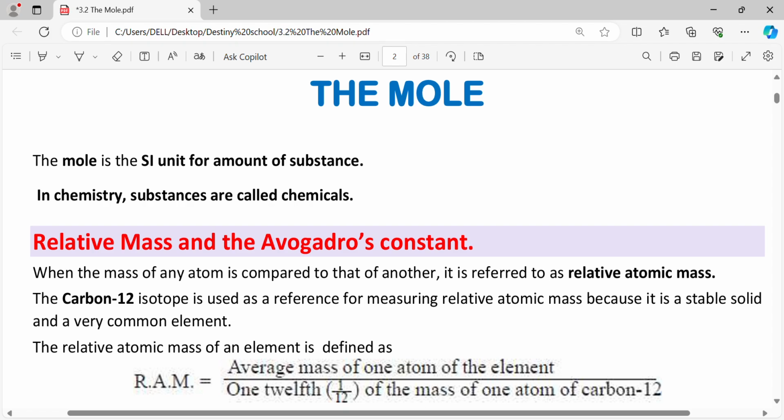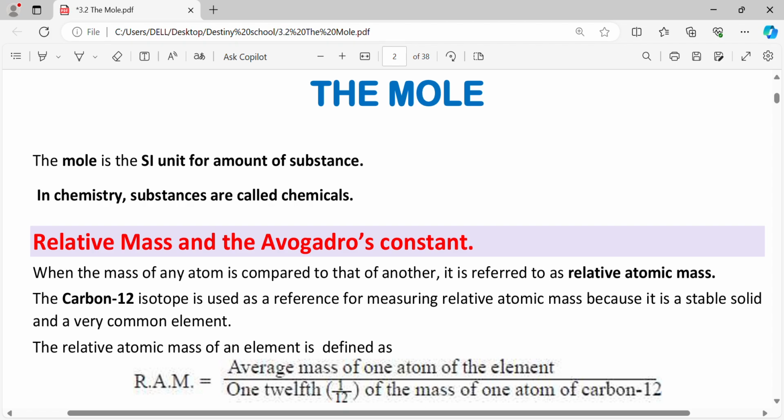The same way we use kilogram to measure rice, beans, sugar and salt, it's the same way in chemistry, for molecules, ions, atoms, we now use mole. Because they're very small, we put them in a group and it will give us the mole.